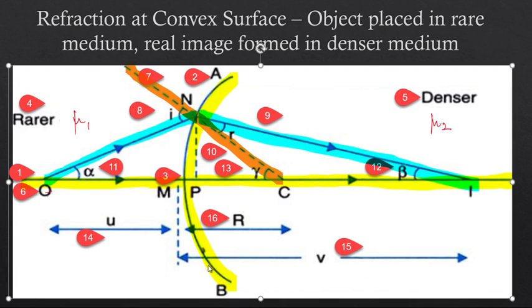The distance between the pole and the image is called the image distance, represented by v, number 15. Finally, note down the radius of curvature, represented by R, point number 16. Are you able to follow?